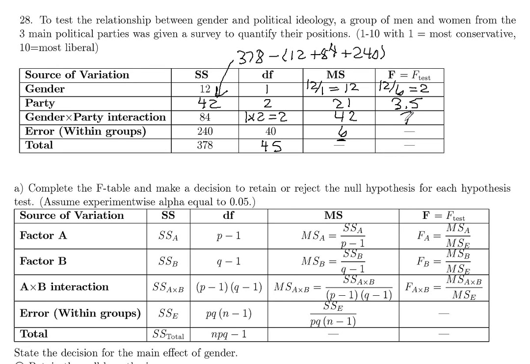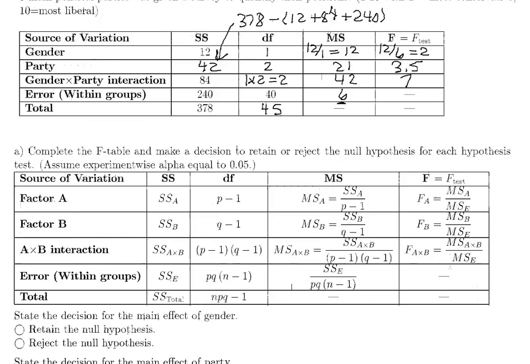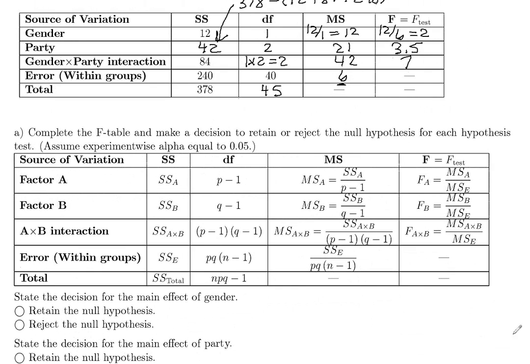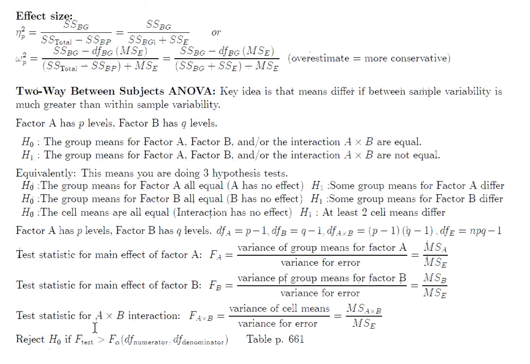So now we've got to test all these to see if they're significant. And remember that it's significant if you're going to reject H0, which means it's significant if your test statistic is greater than your critical value F alpha. So that's the table value on page 661 in the text, where you use degrees of freedom numerator and denominator.